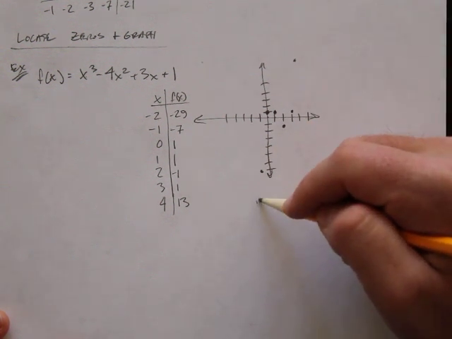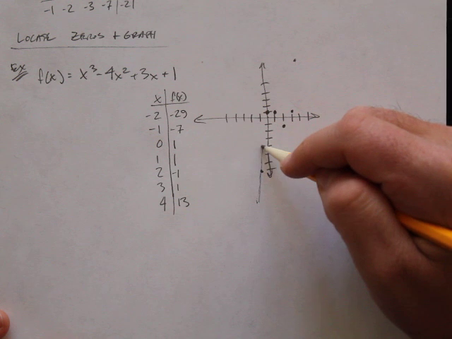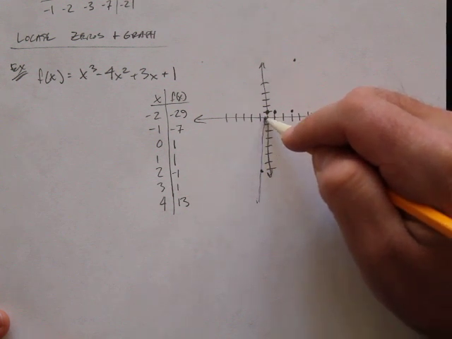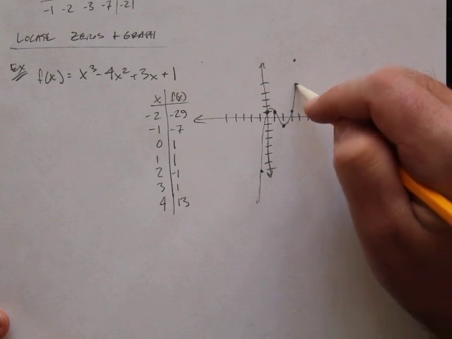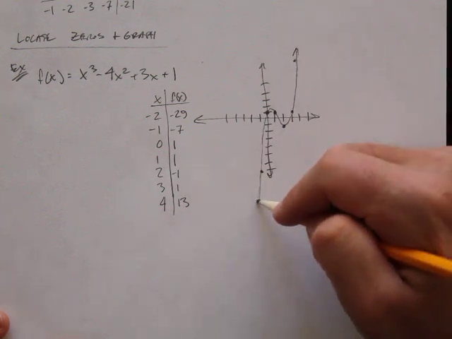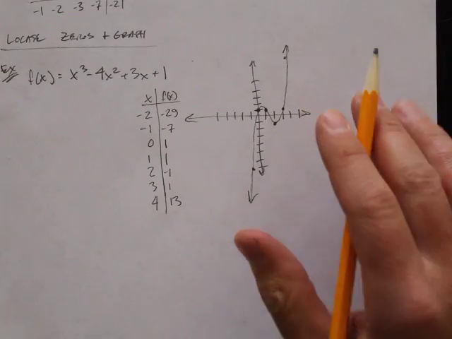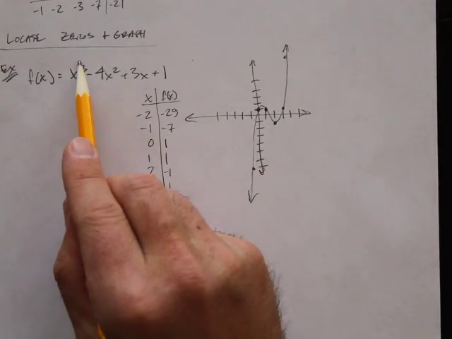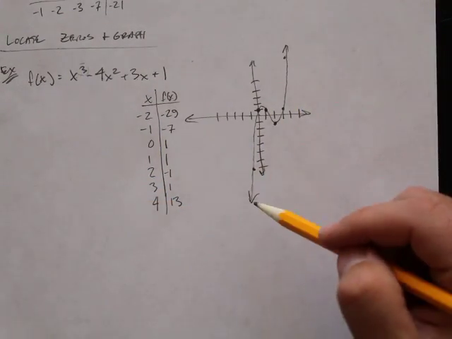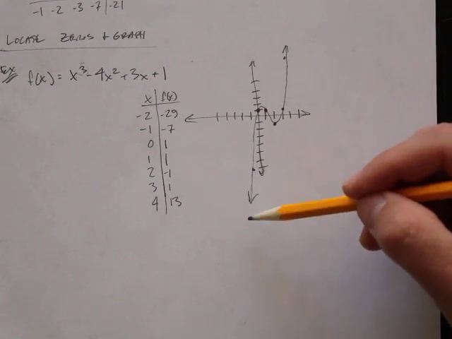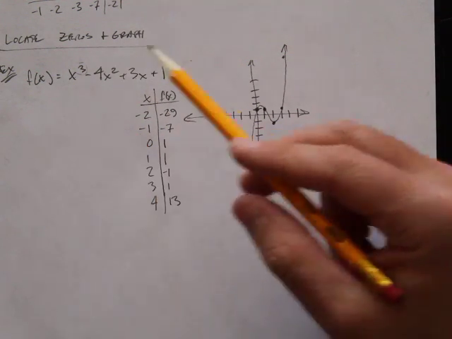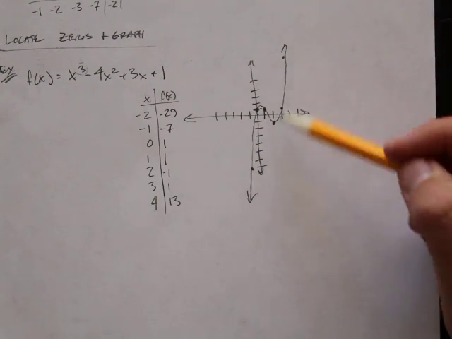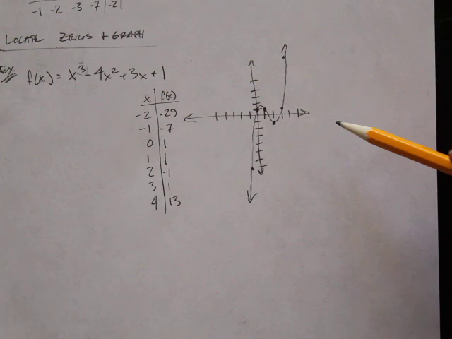All right, so let's draw our curve from left to right. It comes up, comes back down, goes back up, and up like that. We knew it was going to look like that because it is a degree of 3, so if it's positive, it's going to start low and go high, reading the graph from left to right.